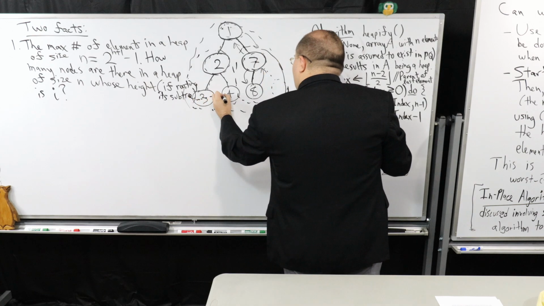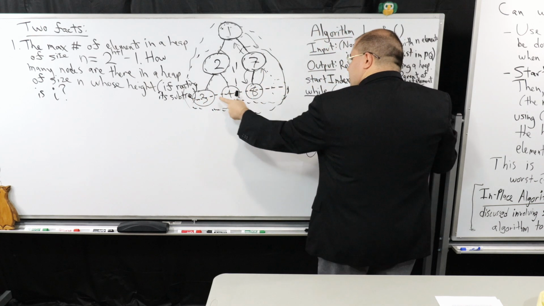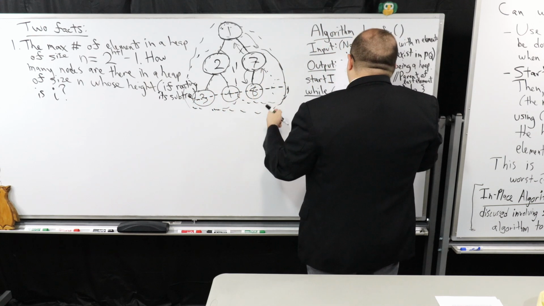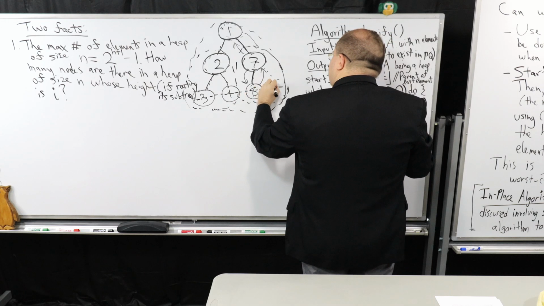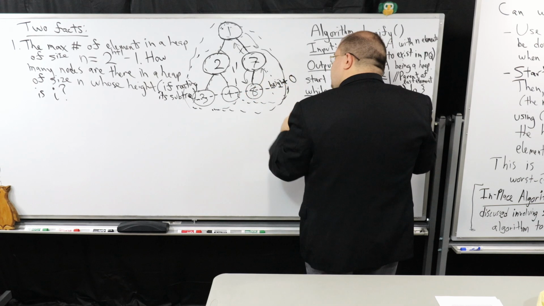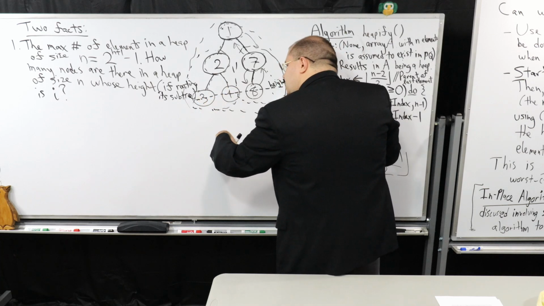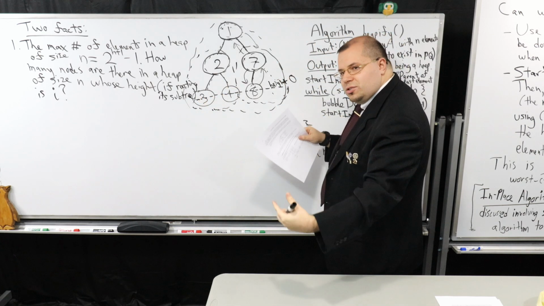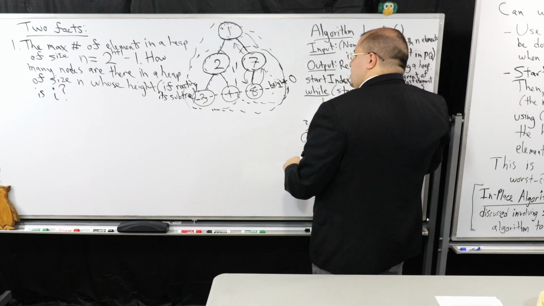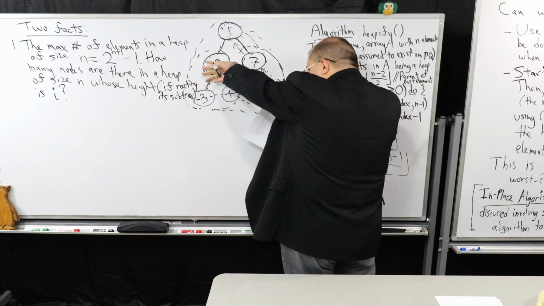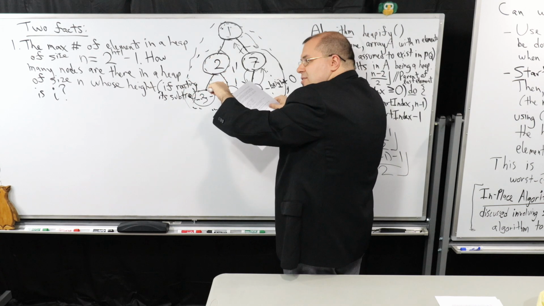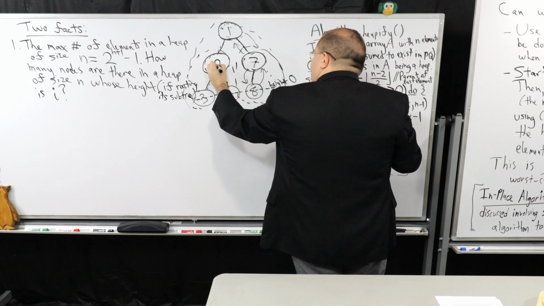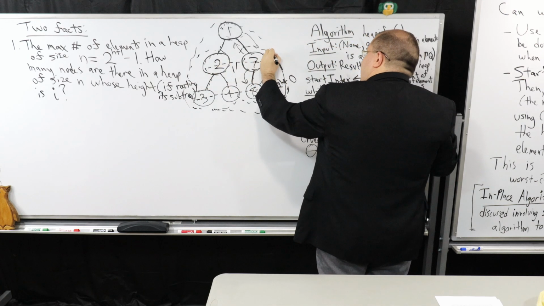So if I look at all of the nodes right here, this one, and this one, all of these have height 0 with respect to those nodes, because notice it has no children. So if I isolate that one, it has height 0. All the ones right here, these all have height 1.